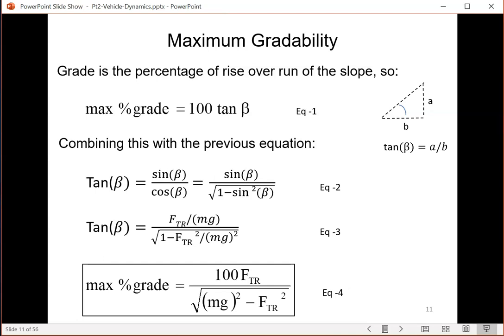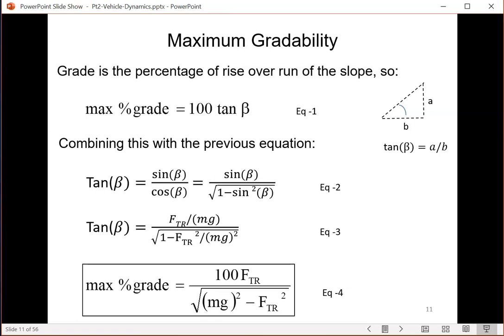The other thing that you need to notice is when the beta angle is very small, or the gradient ratio A over B is very small, tangent beta is very close to sine beta. So approximately sine beta equals tangent beta when beta is very small or A over B is very small. If the angle is less than 5 degrees, I'll be happy to equate the two with the approximation.